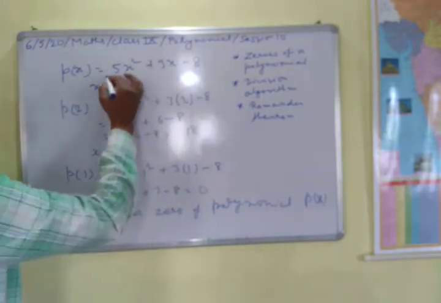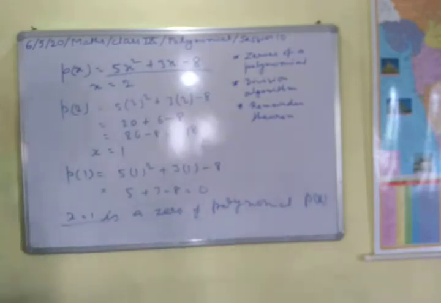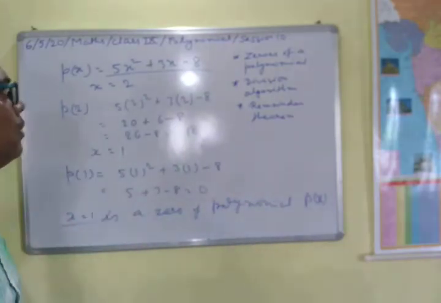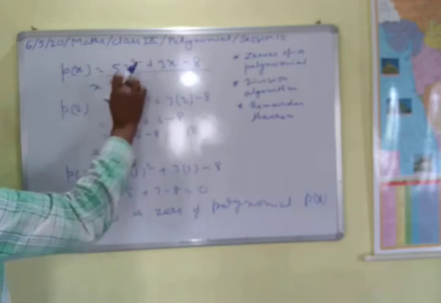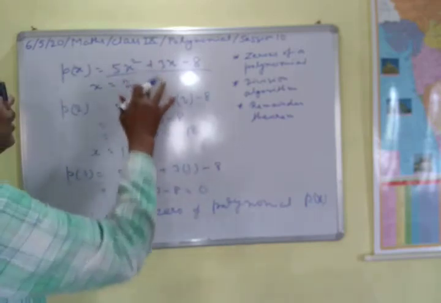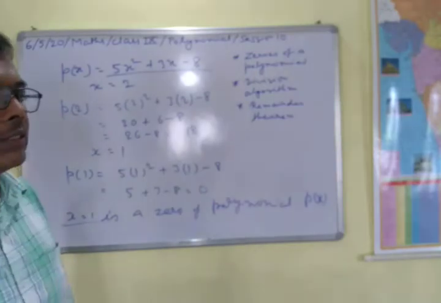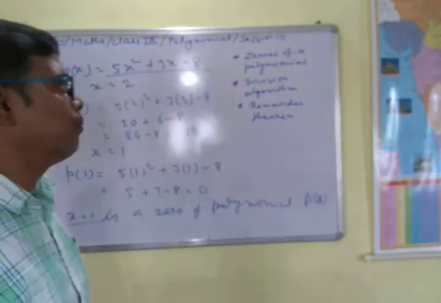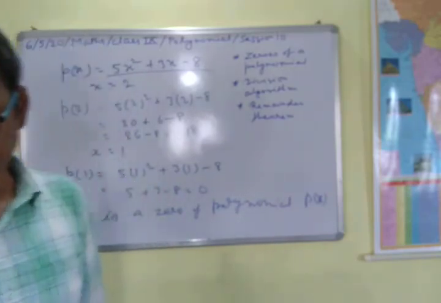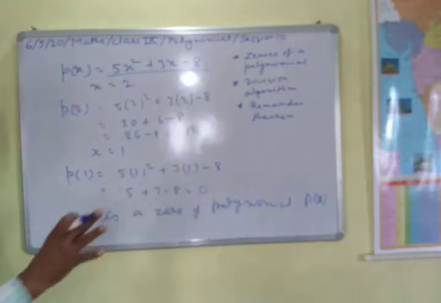And a polynomial may have one zero or more than one zero, depending on the polynomial. Here this is a quadratic polynomial, so it may have a maximum of 2 zeros, or it may not have zeros at all. In many cases polynomials don't have zeros.